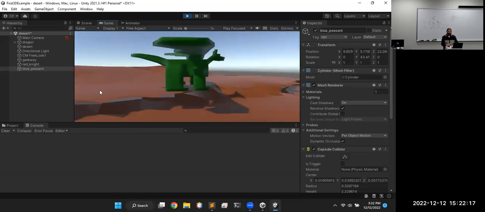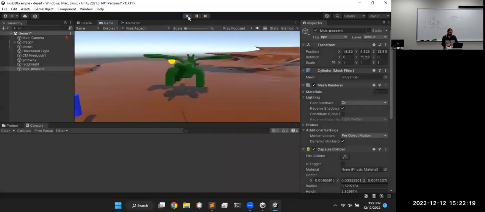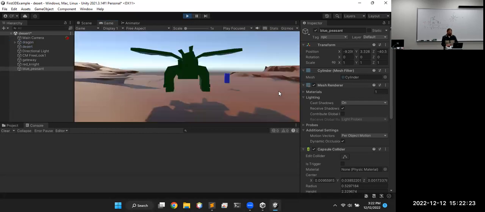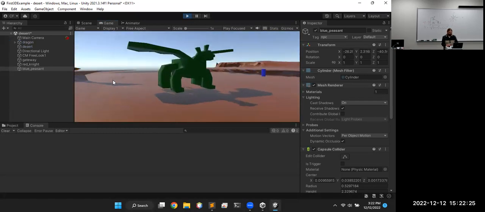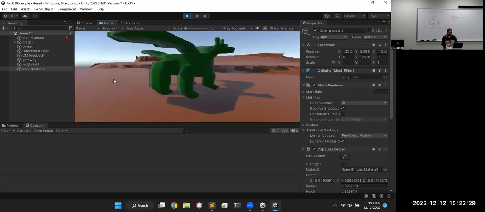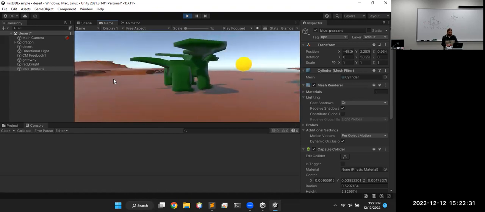But I'm going to restart the game because I have no idea where that guy wandered off to. Check that collision. Okay, his speed might be a little bit fast.